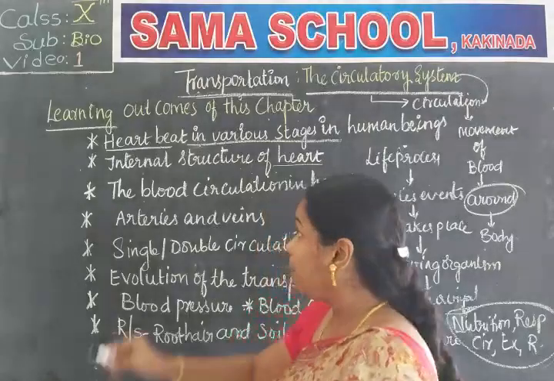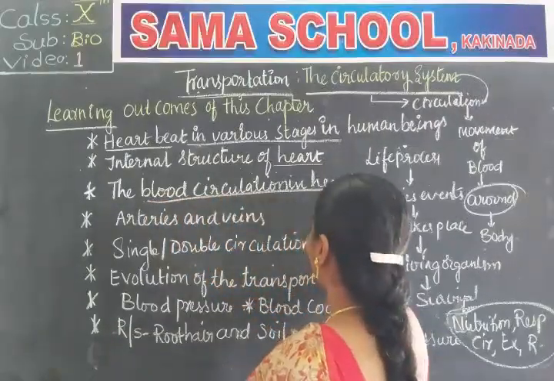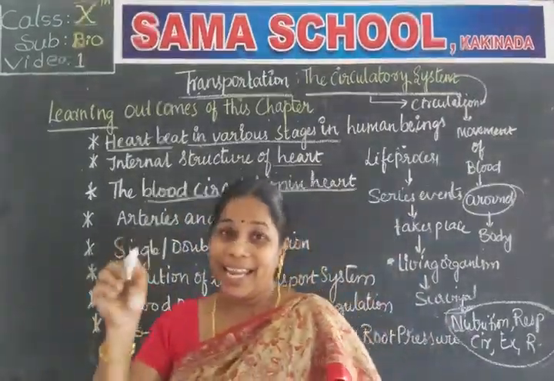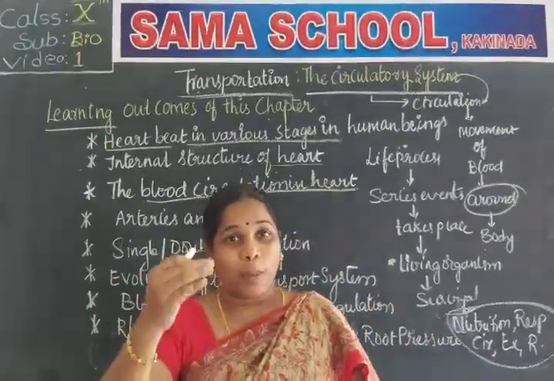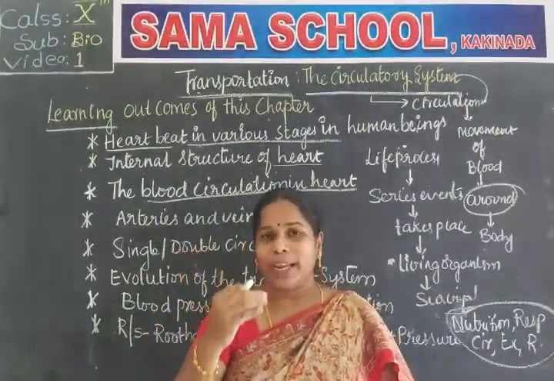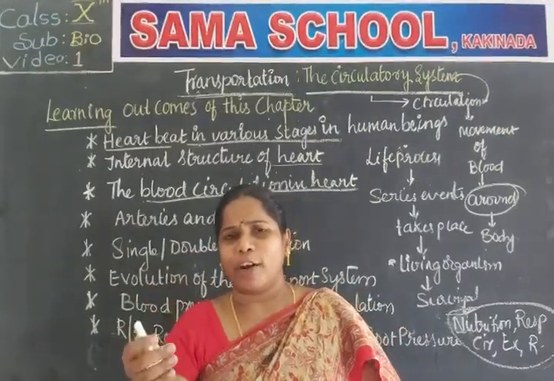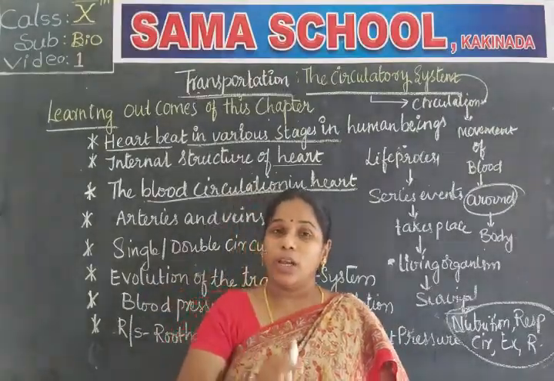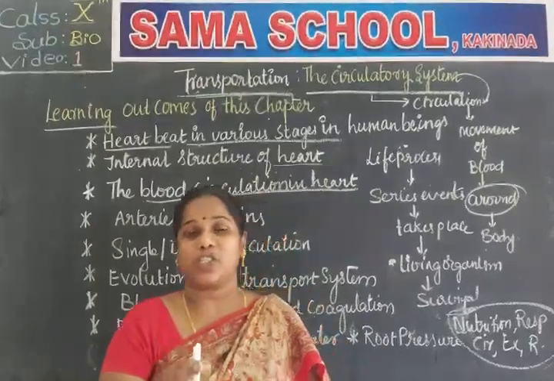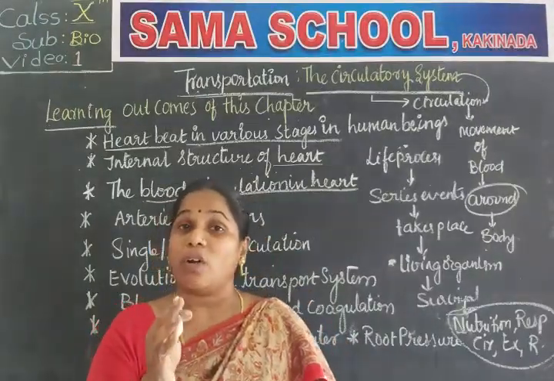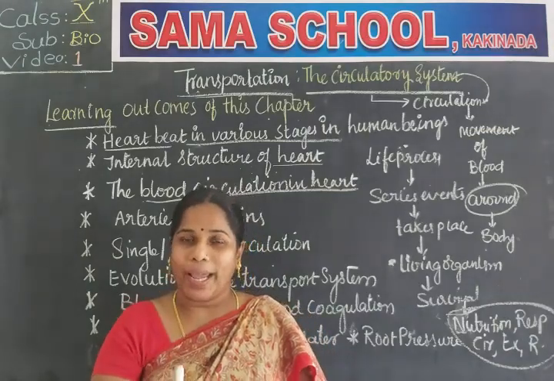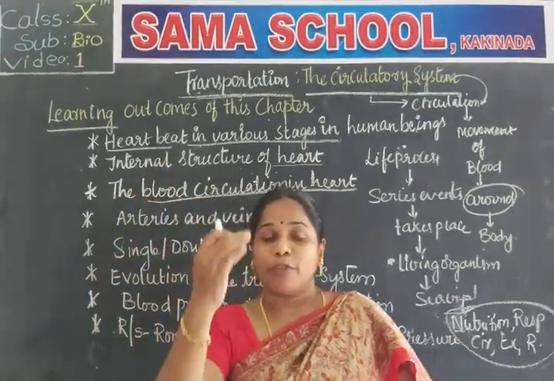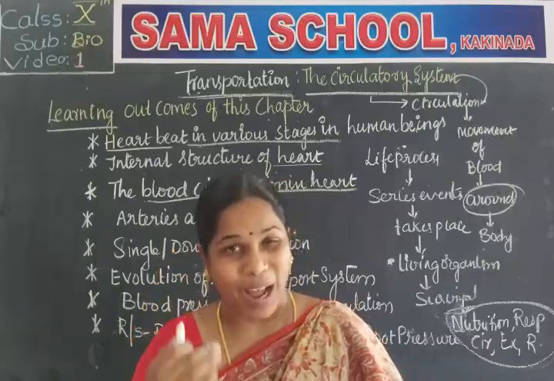That is the reason I am saying blood circulation in heart: from where to where blood will be circulated. When you learn the internal structure of heart, you come across these things, in what way first blood will go from which part to which part.